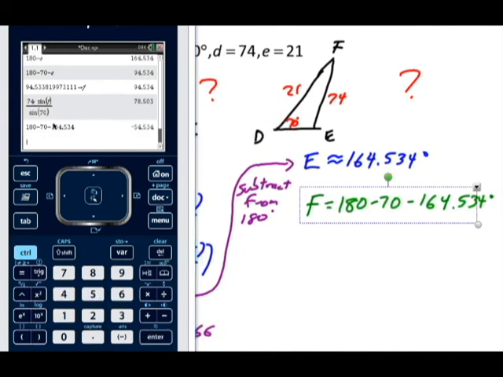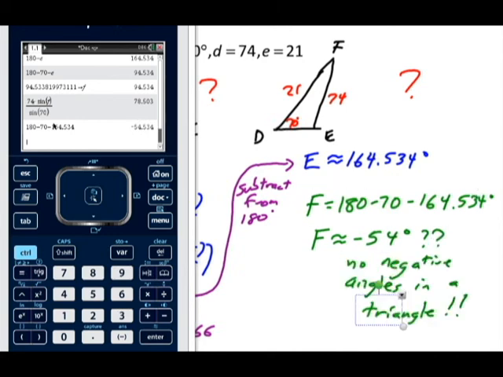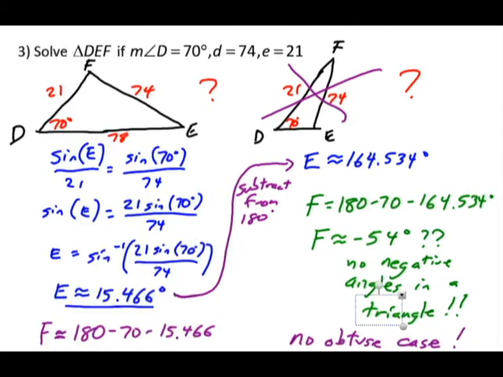Oh, something is definitely wrong. F cannot be a negative angle. Here's what that means. That means that there is no obtuse case, and we are finished with this problem. The only solution was the first one. So we're done.